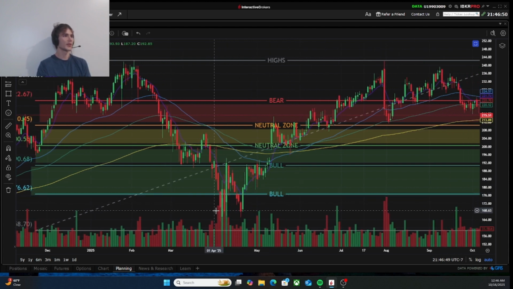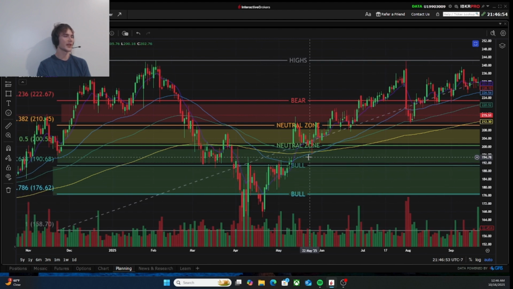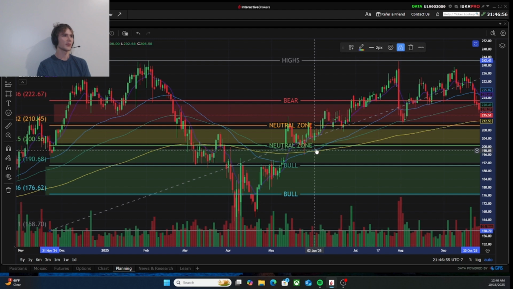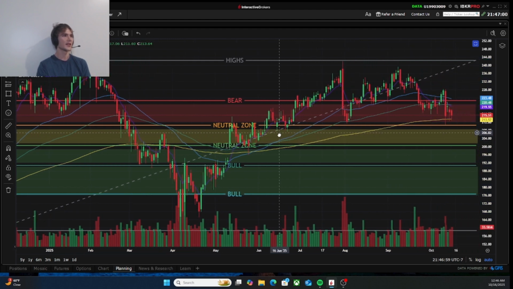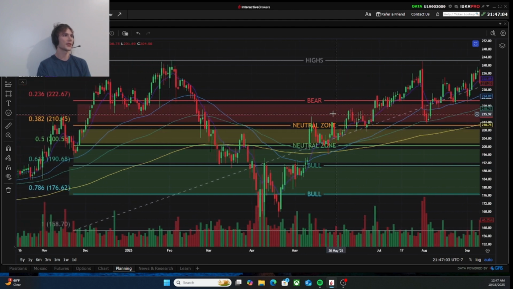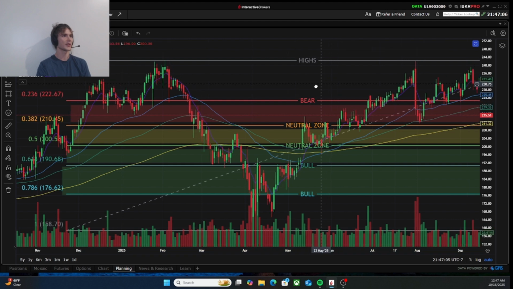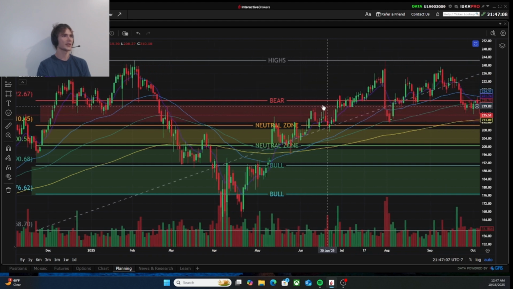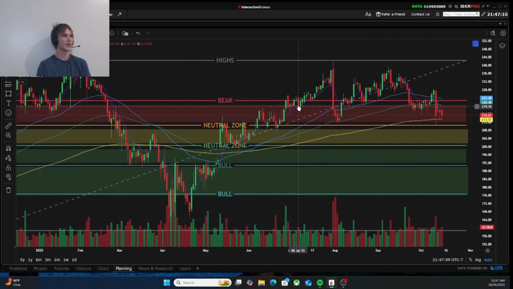look, in these bull zones, it easily breaks through this bullish 618, this neutral to bullish zone of the 0.5, breaks through easily, and then has some struggle breaking through this neutral to bearish zone on this 382. Look at this struggle here in the price action. Finally gets through and is able to break through this bearish zone.